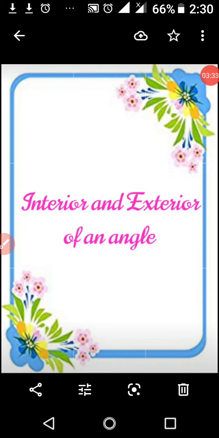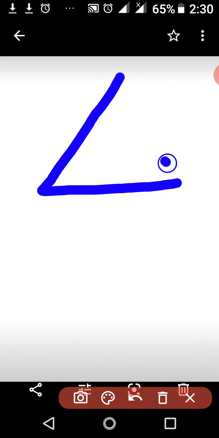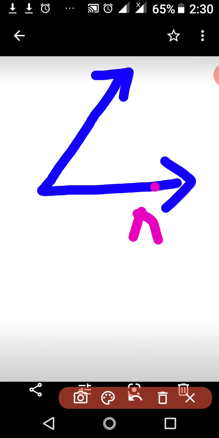Next, we will learn interior and exterior of an angle. Consider here angle AOB. This is angle AOB.